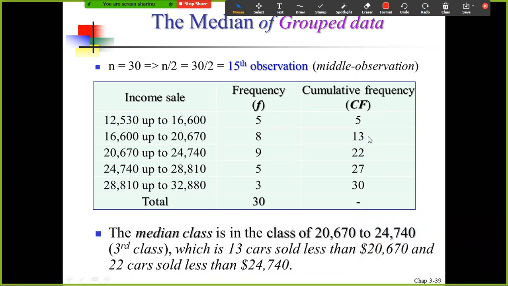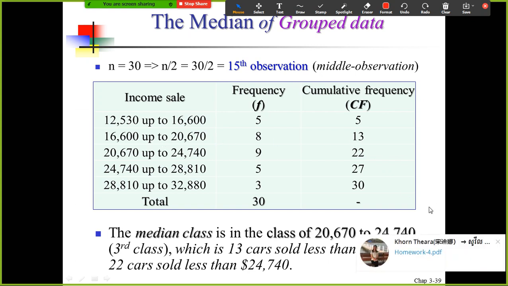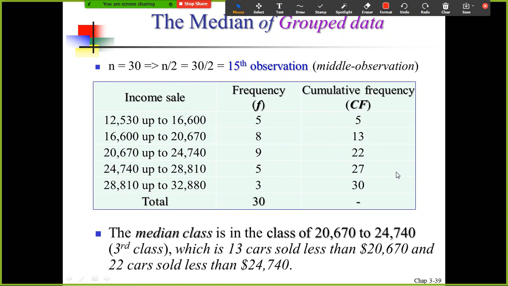15 is higher than 13. Now class 2 has only 13 observations. So the 15th observation is not in class 2; it is in class 3.